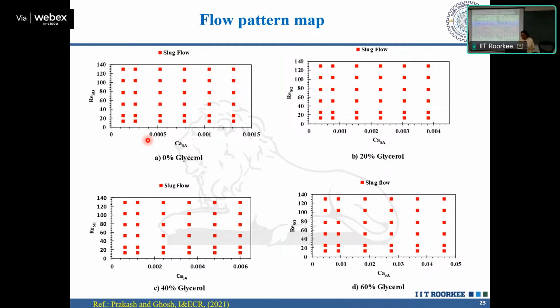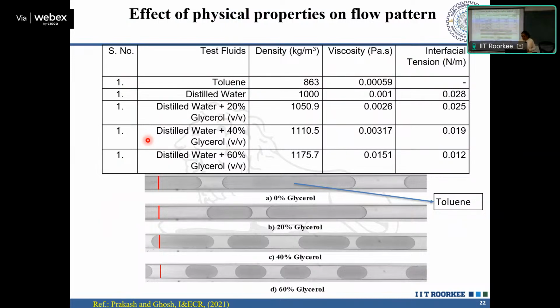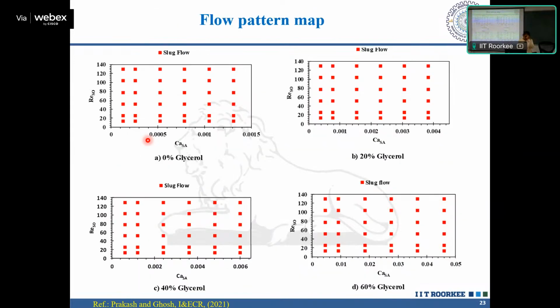What you could gather here is that in all cases we are getting the slug. That is very true, but the slug characteristics are different. This is the result I want to share.